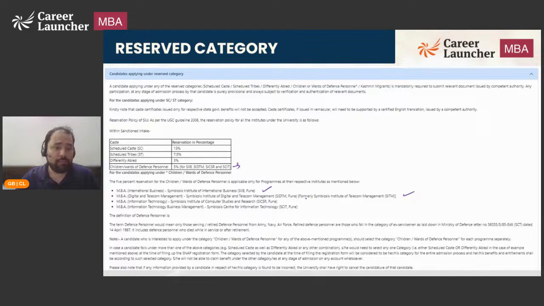MBA for information technology at SICSR, and finally MBA for information technology at SCIT. For these, there is 5% reservation if you are from a defense background. We will talk about SIMS separately shortly. Also please keep in mind that there is no reservation for NCOBC here. So if you are NCOBC, there is no specific benefit you're going to get here. You'll be considered like general category students.